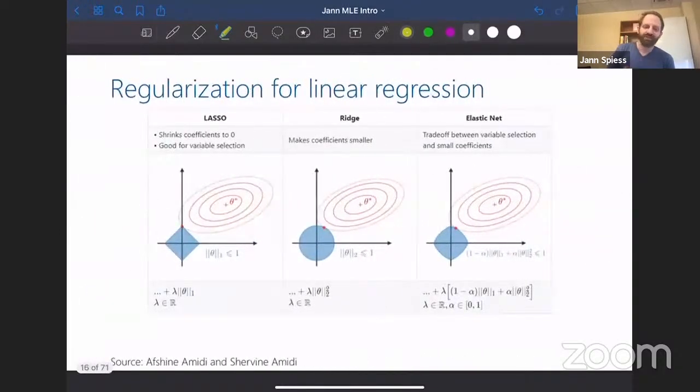Okay, so this is just to give some examples of what I think is the second main ingredient of many machine learning methods, which is some sense of regularization, meaning some sense of reducing the complexity of the functional forms you use. For linear regression, the most popular versions of that are the lasso, ridge regression, or some combination of those, which you may have heard of, and is called the elastic net.